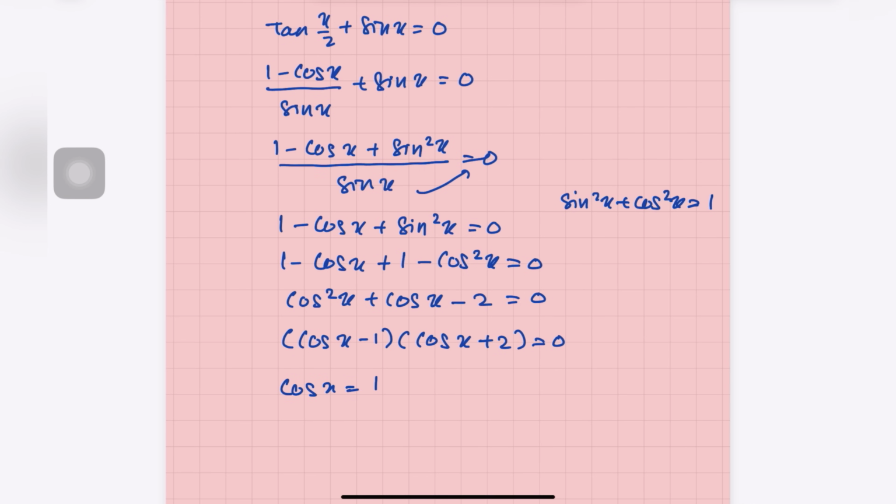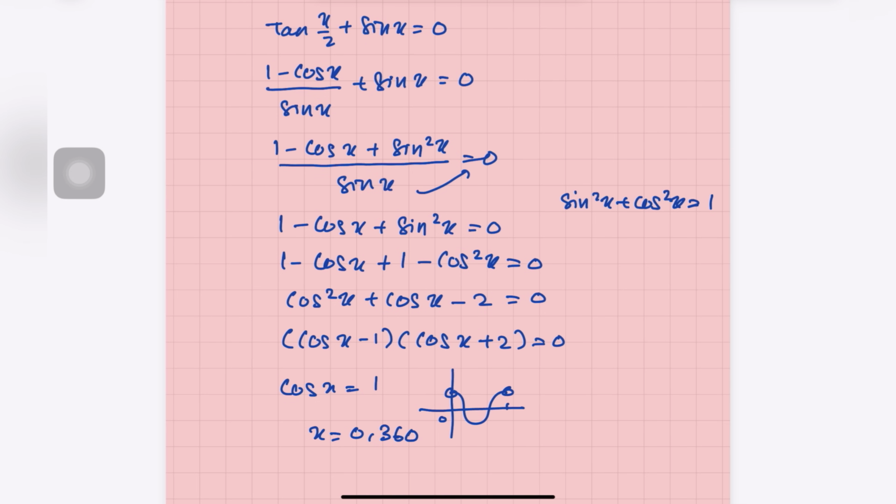Okay, cos x equals 1, if we look at the graph, the cos graph, 1 is here, here and here. This one is 0 and 360. So x equals 0 and 360.